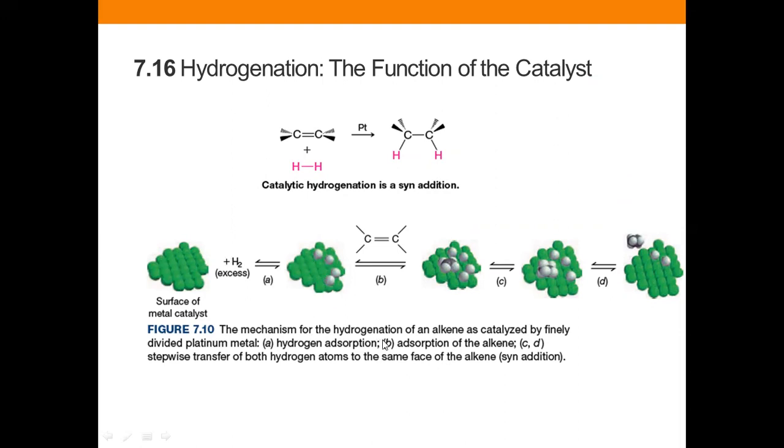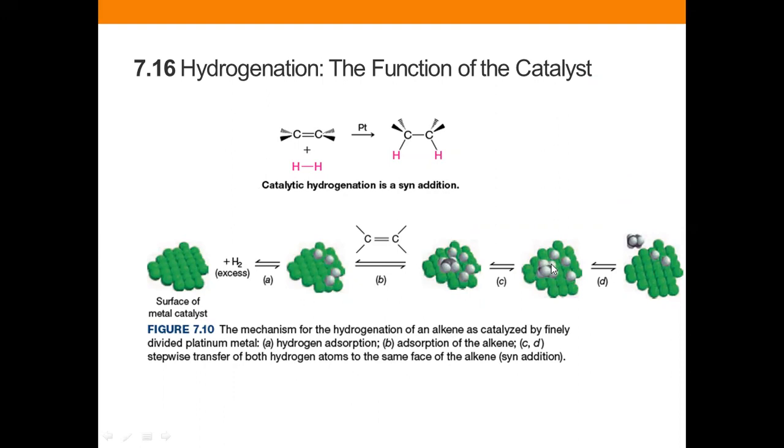Second, this in green, AB, the alkene, will also adsorb to its surface. Since the catalyst adsorbs both the hydrogen and the alkene, it brings the alkene and the hydrogen into close contact.